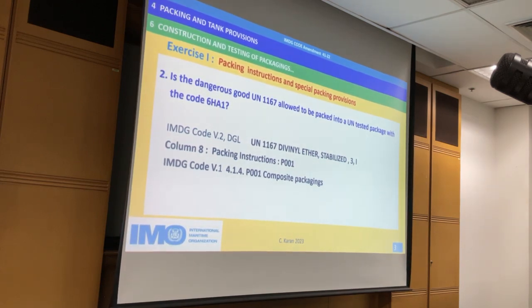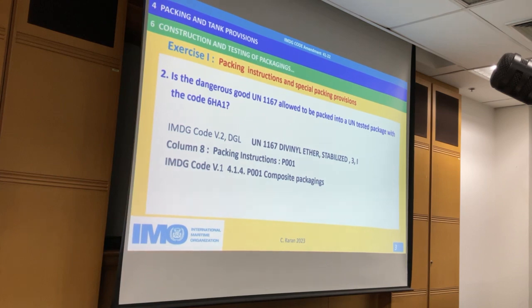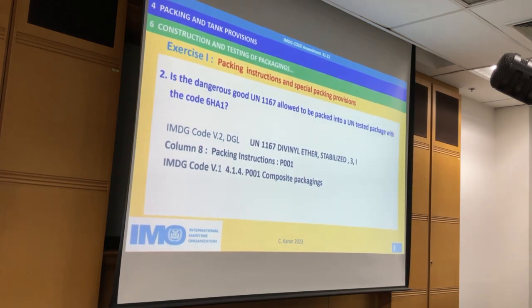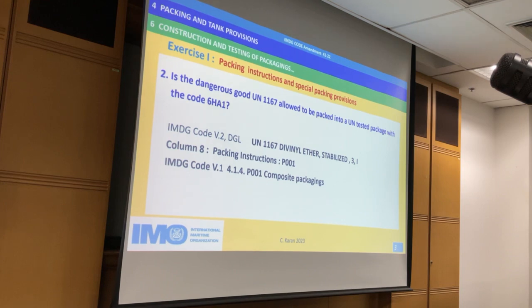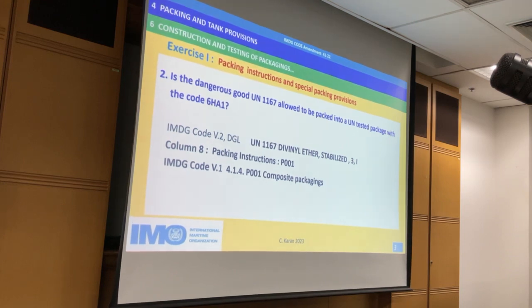You have to find it somewhere in the table, 6HA1, because 6 means composite. HA means, remember, H was for plastics, A for steel. Inner plastic, outer steel. It's a composite packaging.